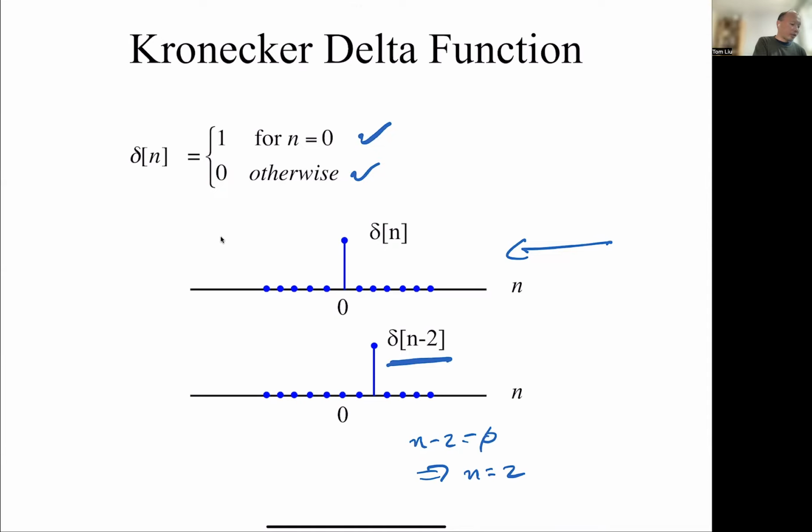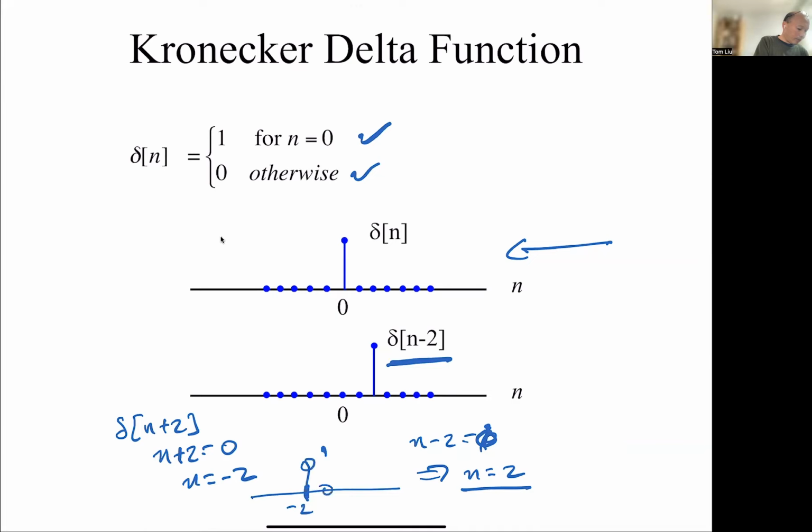Just always take the argument of the function, in this case n minus 2, and see where it equals 0, or whatever you want it to equal, and then just solve for that if you ever get confused. So for example, if I had delta of n plus 2, that would be a delta function that has value when n plus 2 equals 0, or n equals minus 2. So the way I would draw that would be at minus 2, it would be 1, and it'd be 0 everywhere else.